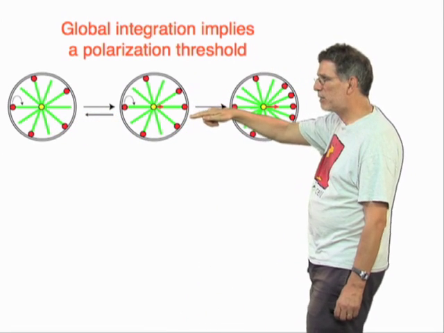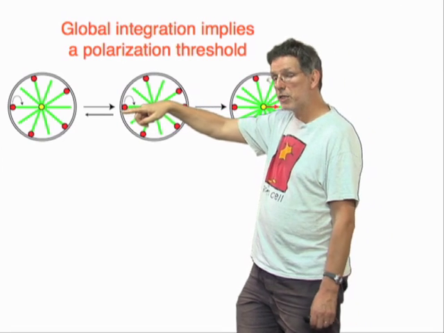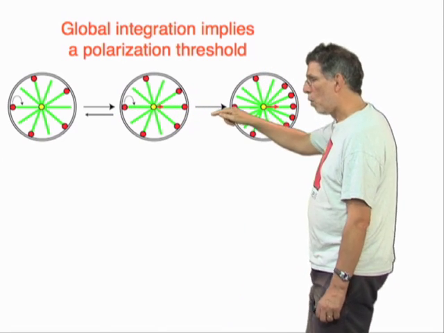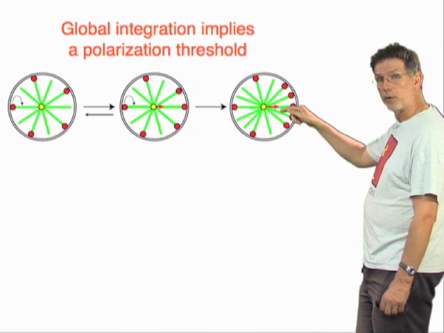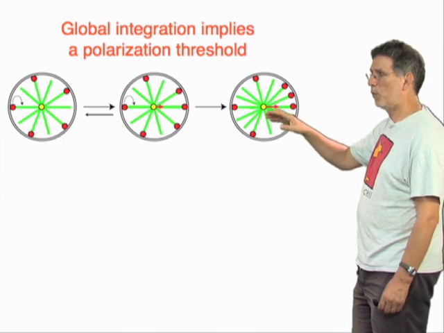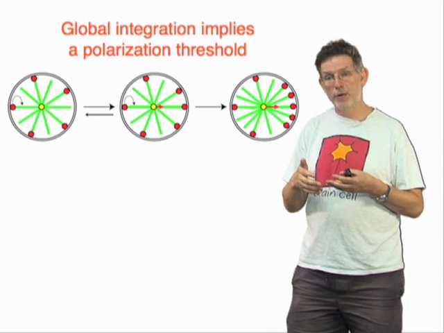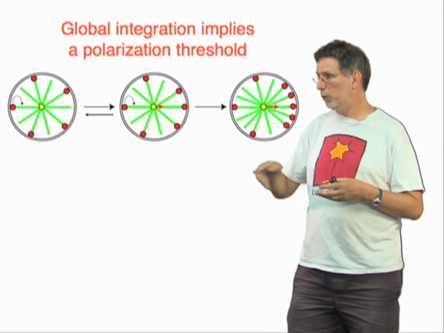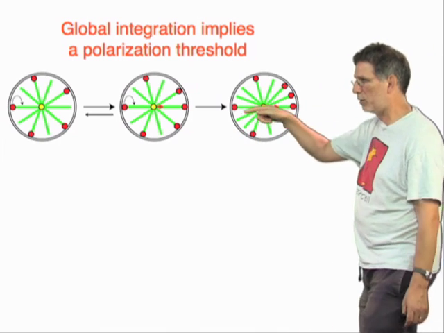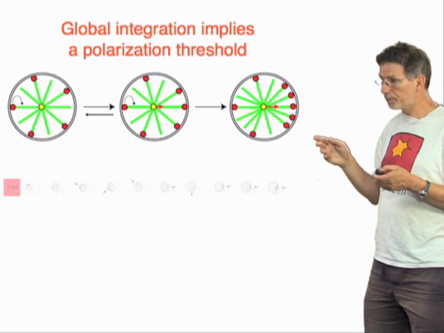But if the asymmetry in the signaling particles, this side of the cell being higher than this side over here, gets to be strong enough, once you get here, you can never go backwards. And so after that, you've polarized and you're stuck. Okay? And so we can ask, can we detect cells crossing that threshold, and does a gradient, which imposes a net preference to end up on this side of the cell as opposed to this one, make it easier for them to cross the threshold?